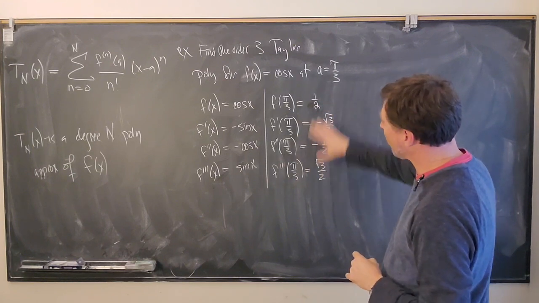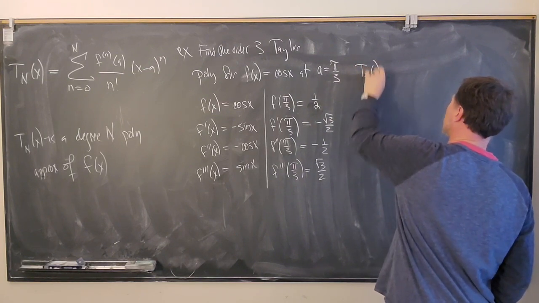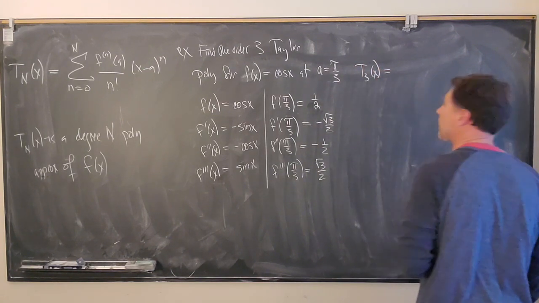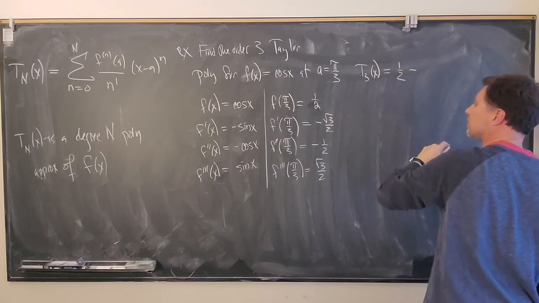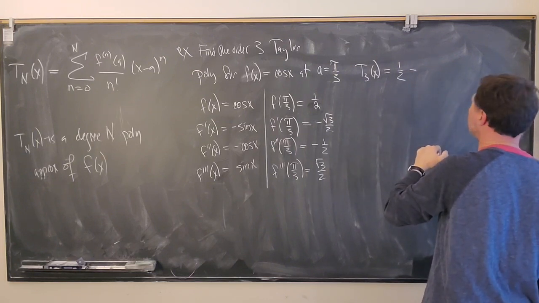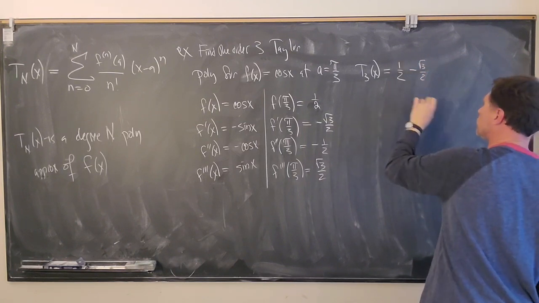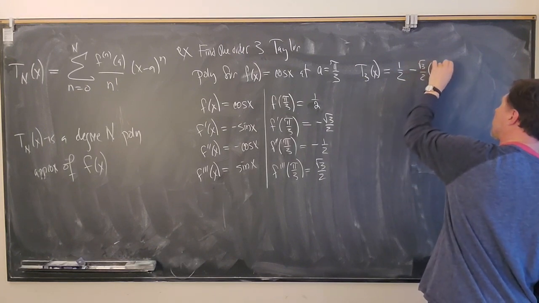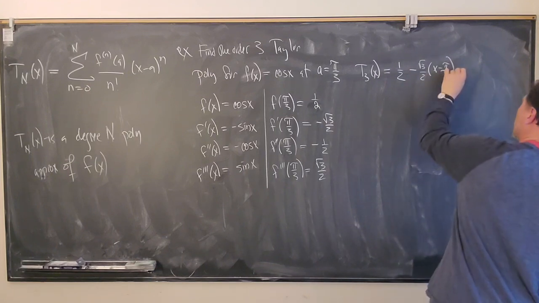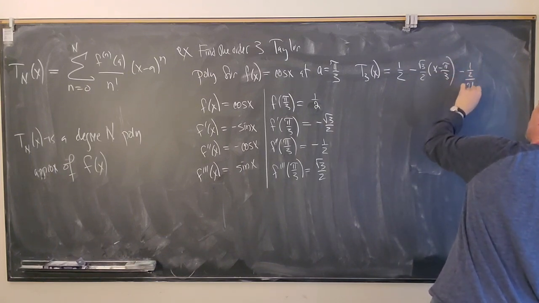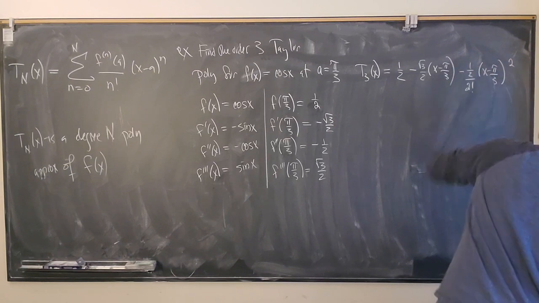All right, now that we have this, we can write down our Taylor polynomial. So this would be T sub 3 of x, and that's going to be equal to 1/2 minus root 3 over 2 times x minus pi over 3, minus 1/2 over 2 factorial times x minus pi over 3 squared.